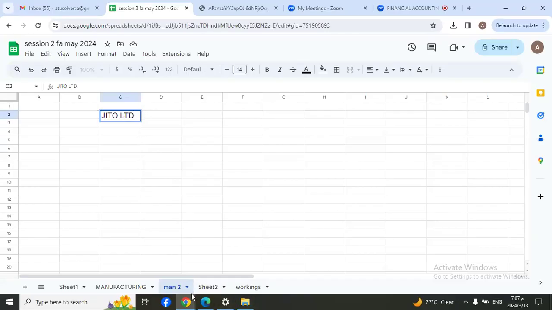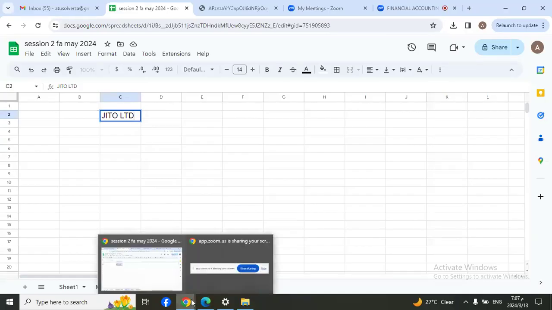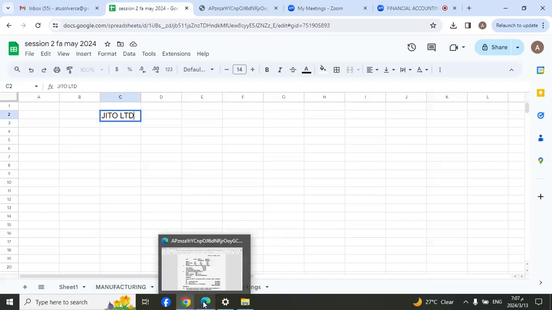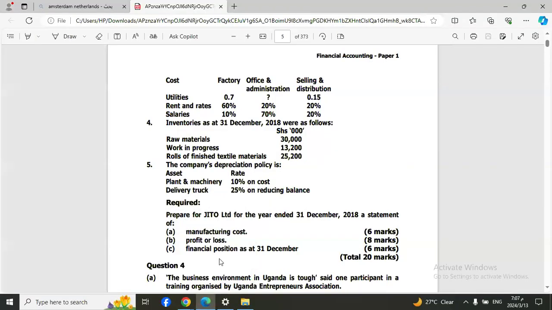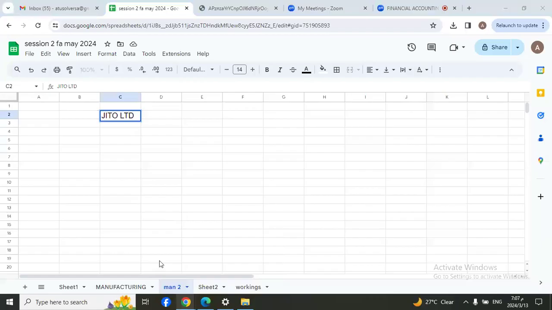Now, sometimes questions ask for a manufacturing account, but you need to take exactly what the question needs. They are saying statement of manufacturing cost. So that's what we are going to write, because that's what the question wants.